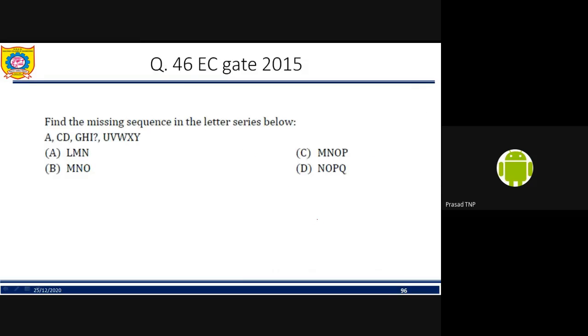Next one. Find the missing sequence in the letters. A, B is not present, C, D. Again, that table that you require. Here 1 alphabet, 2 alphabets, 3 alphabets, then 4 alphabets are missing. But which are those 4 alphabets?